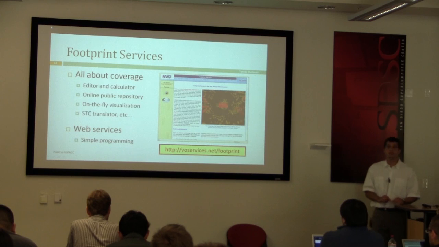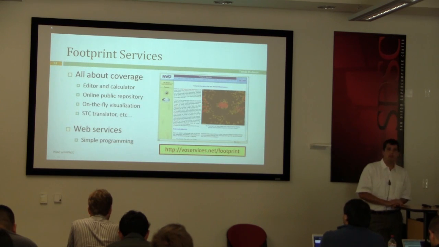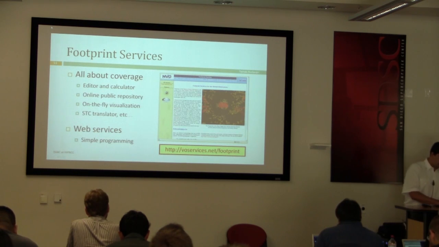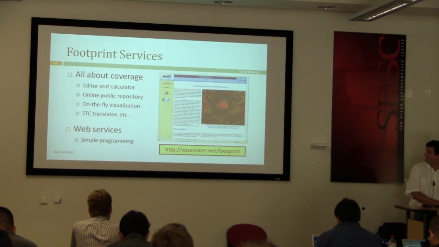On top of this, there's a service that we built, which is essentially a public repository for all the regions, or all the footprints, that people created. So the sky coverage information can be stored and looked up.